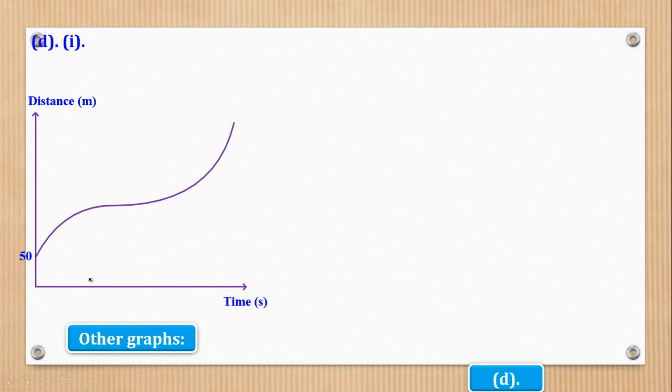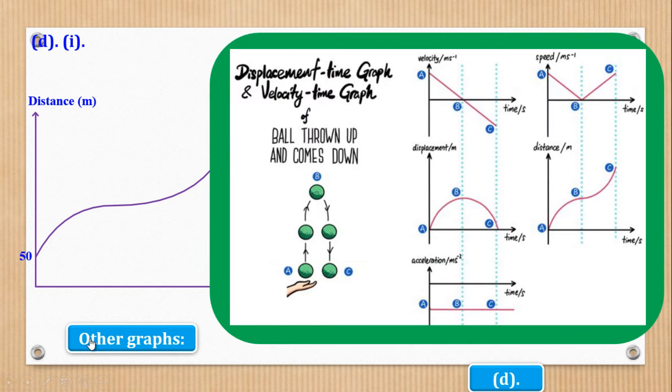So other graphs for which they can ask can be a velocity time graph for that motion. Now here, these graphs are a little different from this. Do you see something? This began from 50 because it was at the top of a building. Now here, it just begins from the level ground and it comes back where it started from.